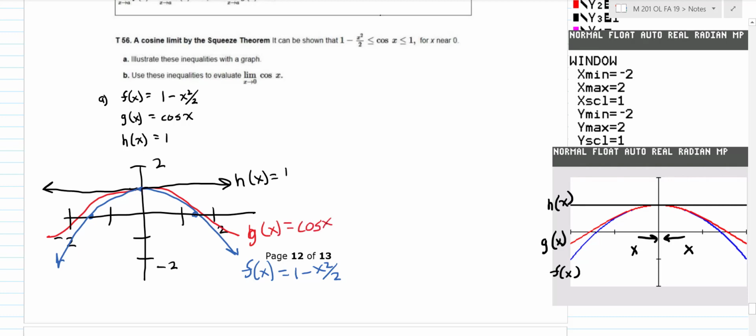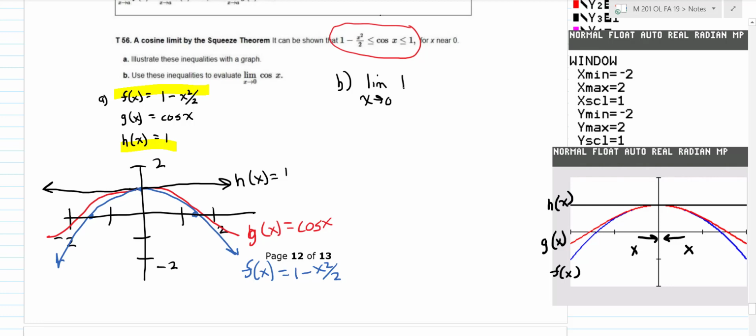Okay, so the idea is I've already given this to you, and it can be mathematically demonstrated that the inequality holds. The way you apply the squeezing theorem is, first, you want to do the limit as x goes to 0 of these two outer functions and see what happens.